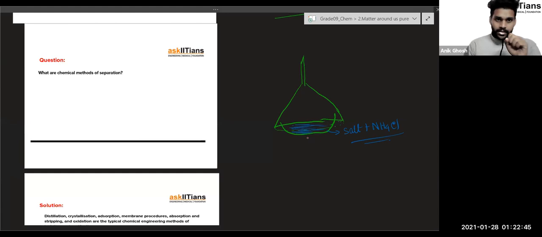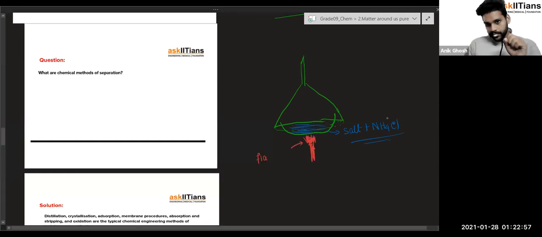Now, if you just heat this, what would happen? Well, this is nothing but a fan. Look, NH4Cl has a tendency to sublimate. Okay, so what happens is, NH4Cl is just like mothballs or naphthalene balls.